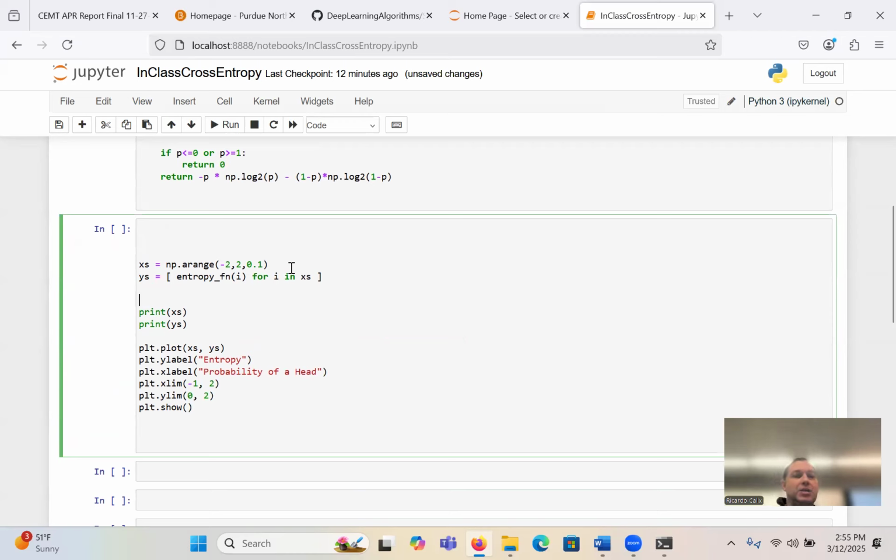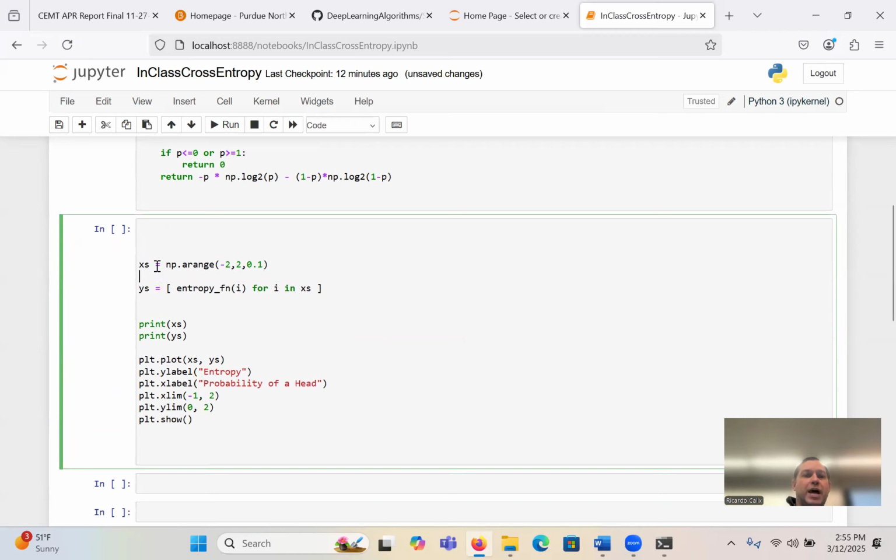On the X, I'm going to call those values XS, and it's just a range from -2 to 2 in increments of 0.1, a step size of 0.1, but I only care about the values between 0 and 1. And the YS equivalent is just going to be for I in XS, and then we plug that I into our function, entropy Fn.